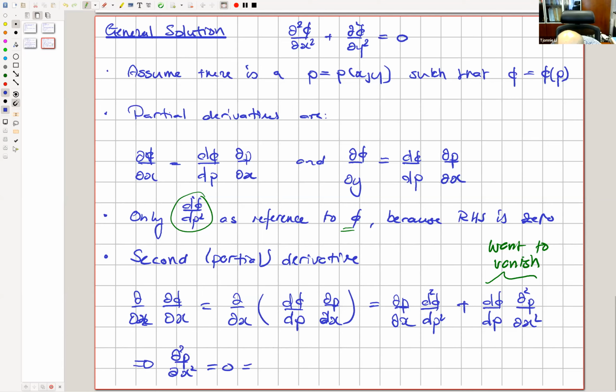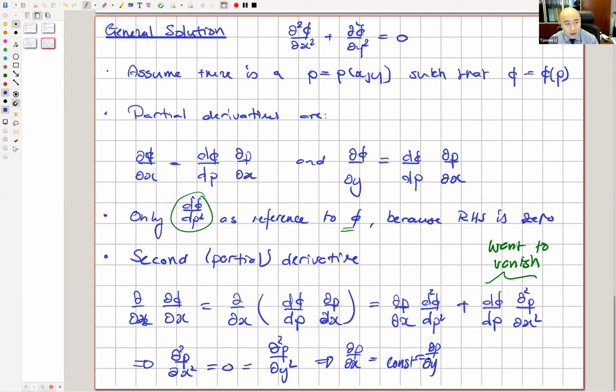And of course, I can do the same thing for y, if I do the second derivative in y. This then ultimately leads to partial p partial x equals some constant. Same goes with partial p partial y. Okay.